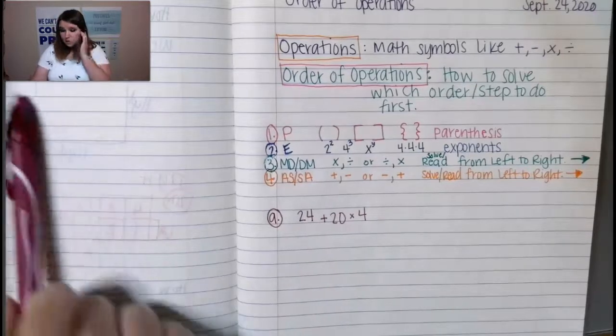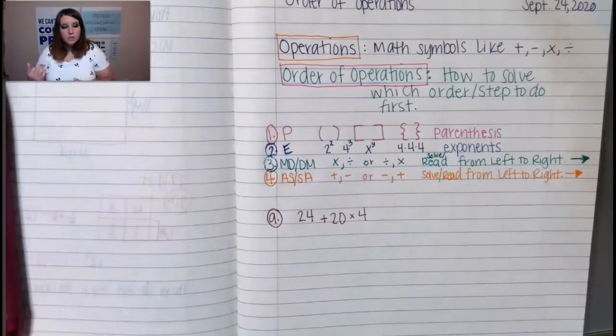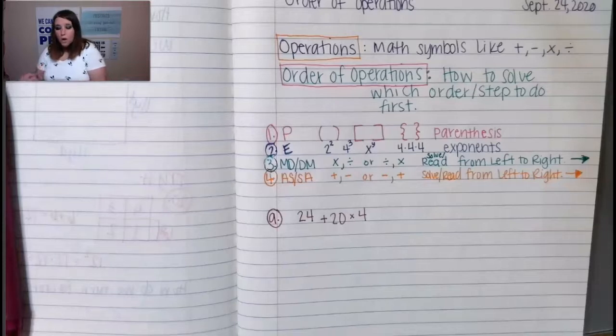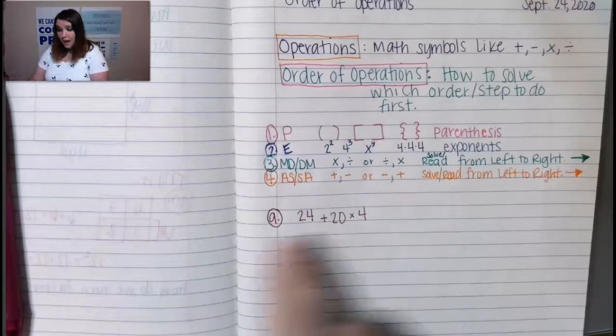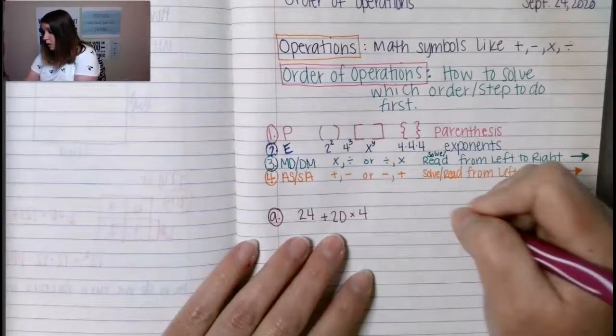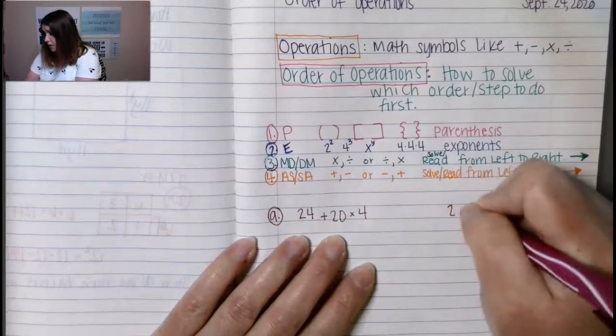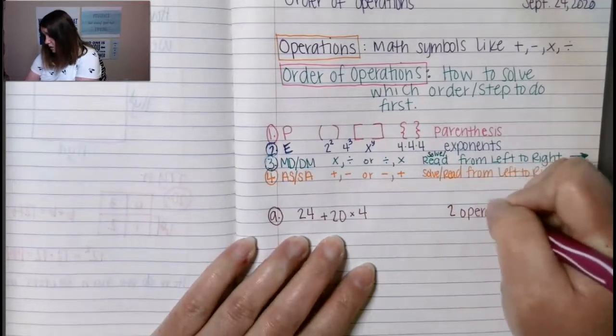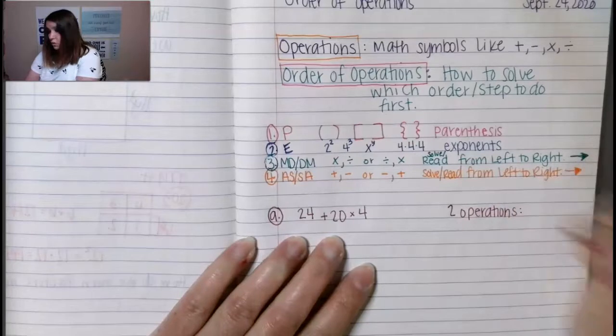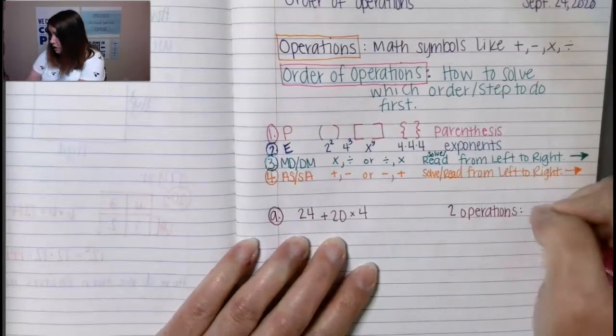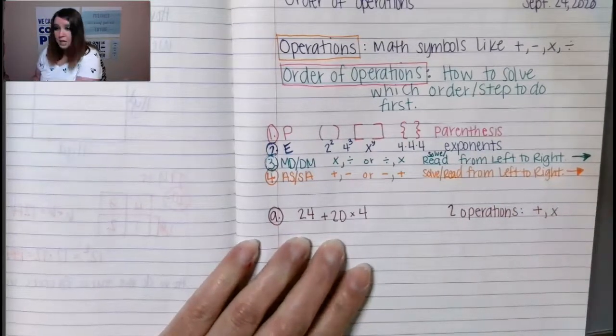So let's try a strategy where we're going to try to identify what we should do first and then next, because we see how many operations we have. So this tells me I have 2 operations. I have addition and multiplication.